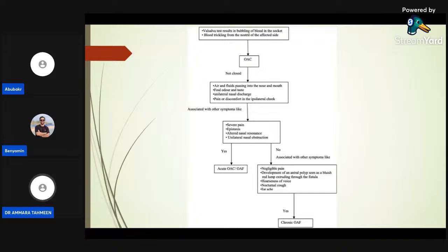Thickening of the sinus membrane leads to the development of antral polyps, which are seen as bluish red lumps. When the patient reports after 10 days after the formation of communication, if there is formation of polyp, you can see in the intraoral cavity a bluish reddish mass protruding through the opening. That means antral polyp formation has taken place.